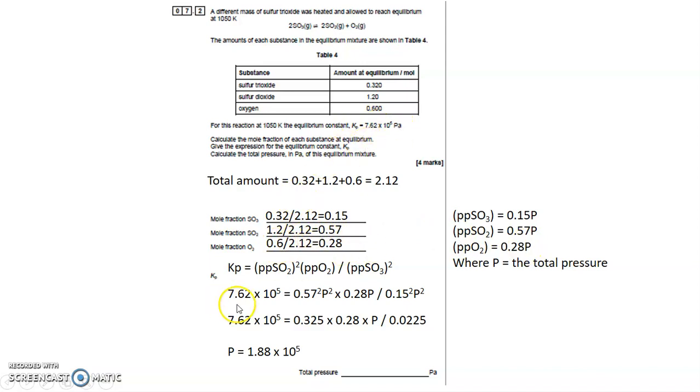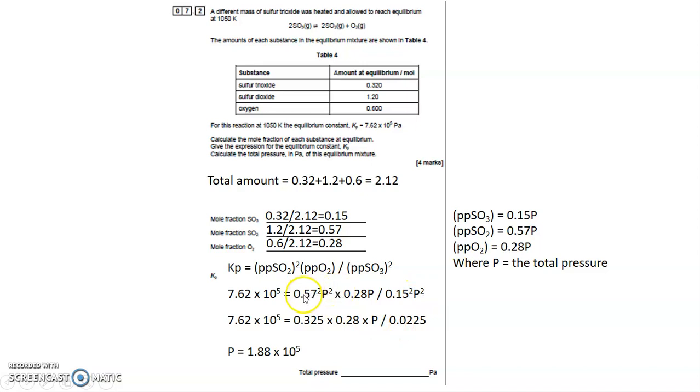And I've been given the Kp. So Kp is 6.72 times 10 to the power 5. So this value here, which is the partial pressure of SO2 squared, which is 0.57P squared, multiplied by the partial pressure of O2, which is 0.28P to the power 1, because it's just to the power 1, divided by the partial pressure of SO3, which is 0.15P, and it's squared because there's a 2 in front of it, so it's divided by 0.15 squared P squared.